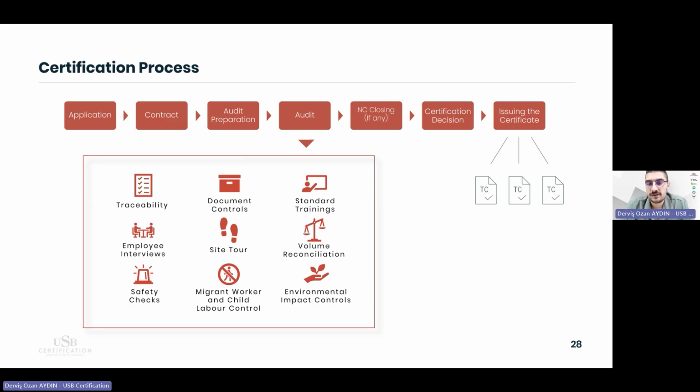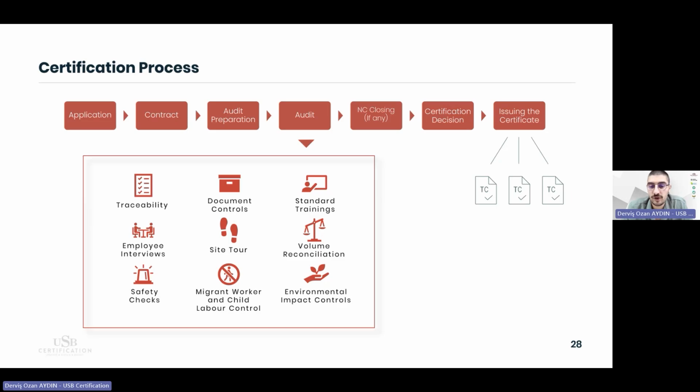So under the audit section, during the audit, certification bodies are completing some requirements and they are controlling the traceability exercises. They are completing document controls, standard trainings, and employee interviews, which can be under GOTS and GRS standards. Also, certification bodies can complete a site tour.